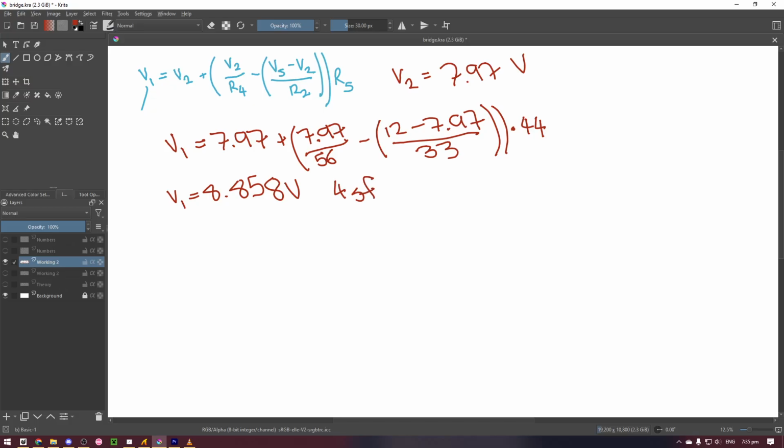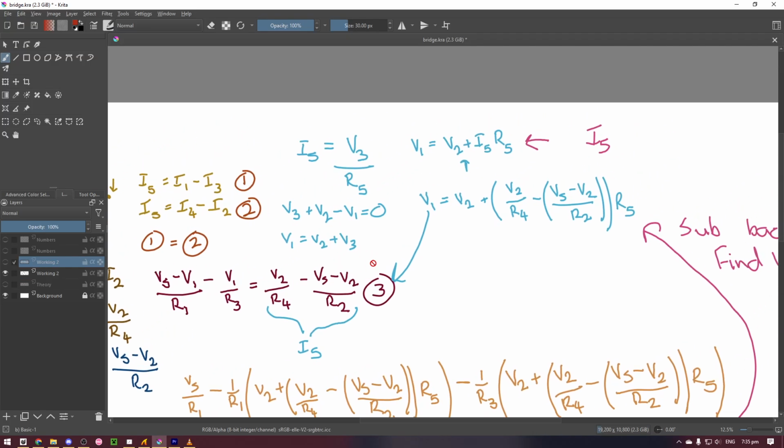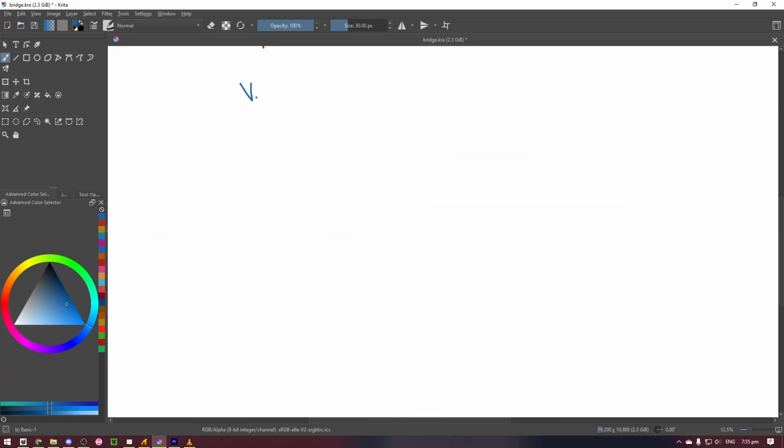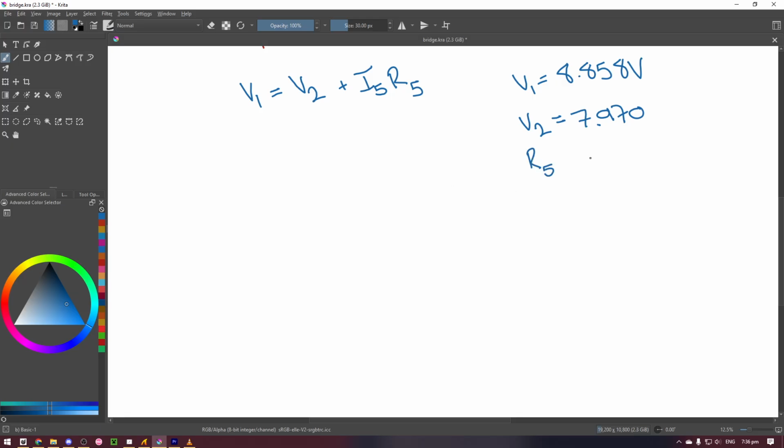Again, keeping this in my calculator with the full unrounded value, we can go back to this equation here, and we can find I5. So V1 equals V2 plus I5 R5. V1 is 8.858 volts. V2 is 7.970. R5 is 44 ohms.